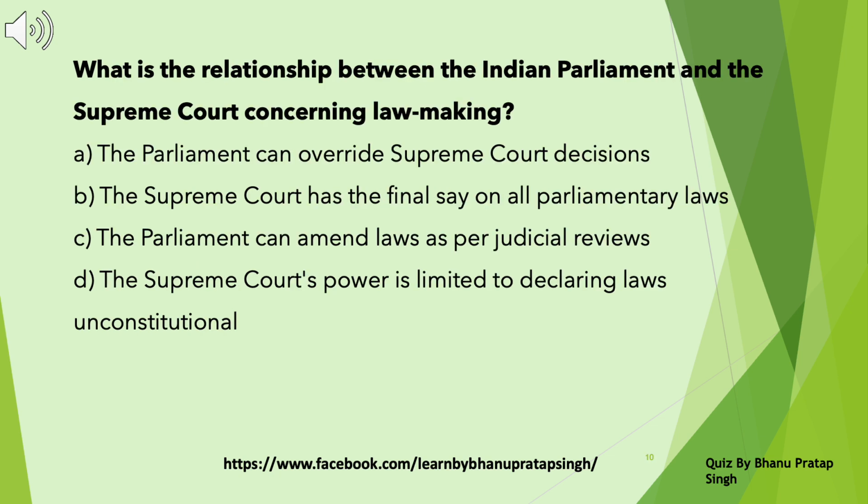What is the relationship between the Indian Parliament and the Supreme Court concerning lawmaking? A. The Parliament can override Supreme Court decisions. B. The Supreme Court has the final say on all parliamentary laws. C. The Parliament can amend laws as per judicial reviews.